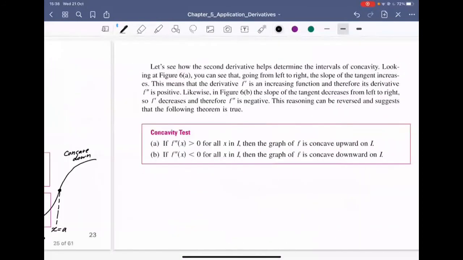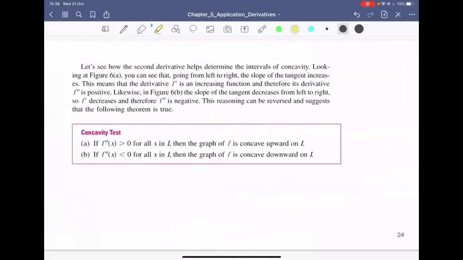So we have a theorem that says if the second derivative is positive, then the function is concave up. If the second derivative is negative, then the function is concave down. Again, I would suggest you memorize that. Concave up is the case where the function goes like that, like that.